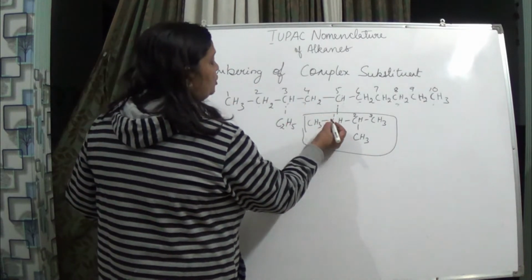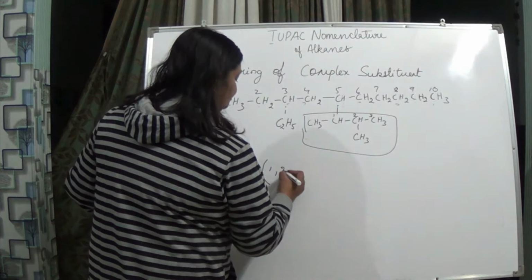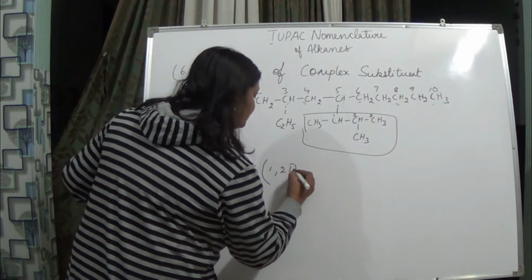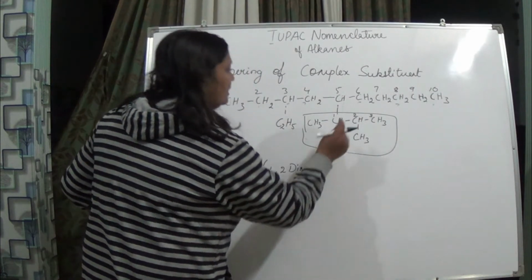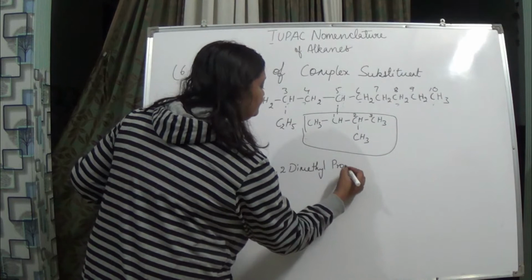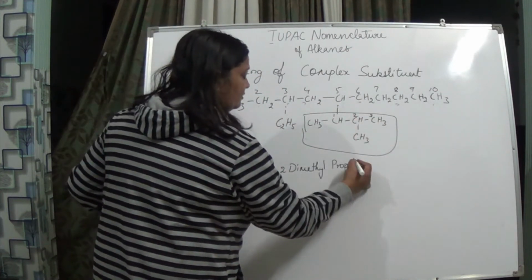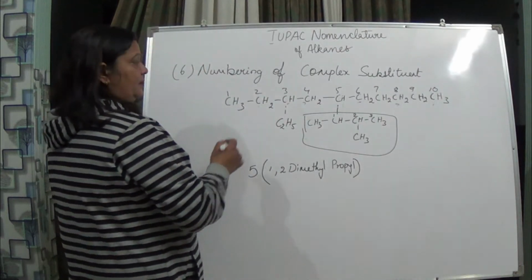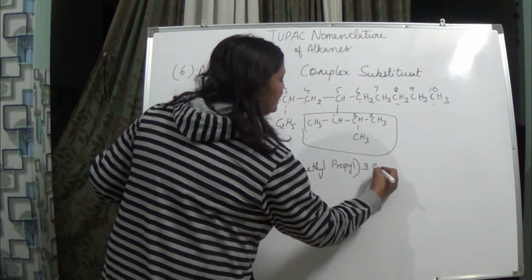So it becomes 1,2-dimethyl. Here 3 carbon is there, so it becomes propyl. Now we have named this, so we will be closing the bracket. And third position it is ethyl, 3-ethyl.